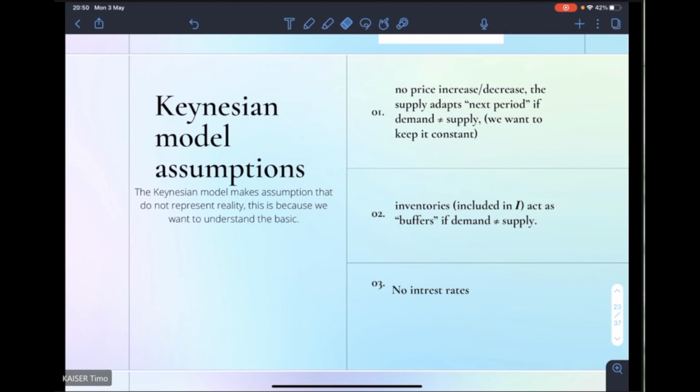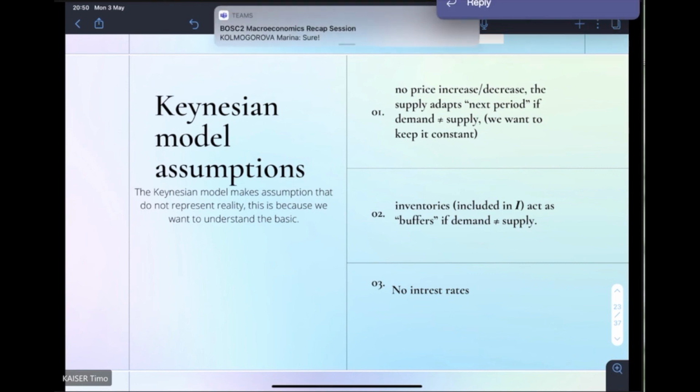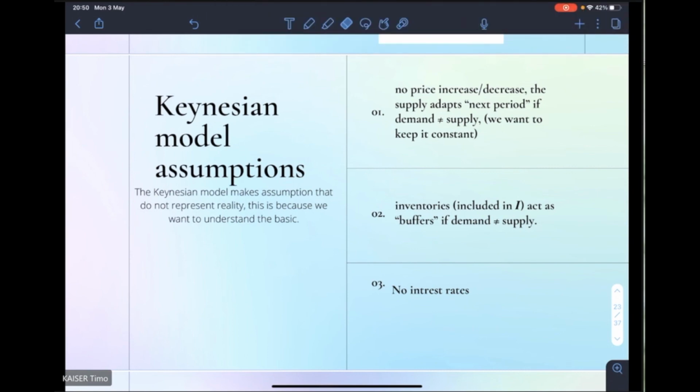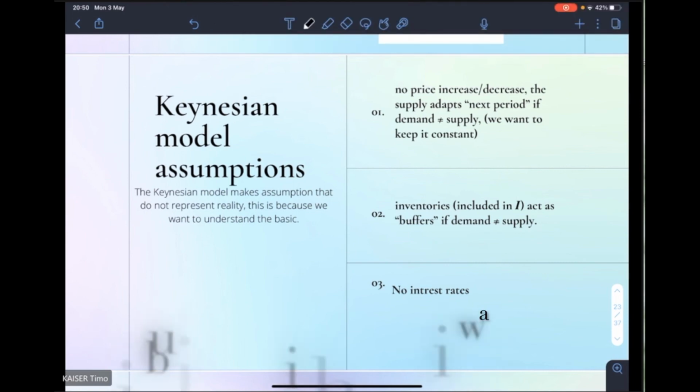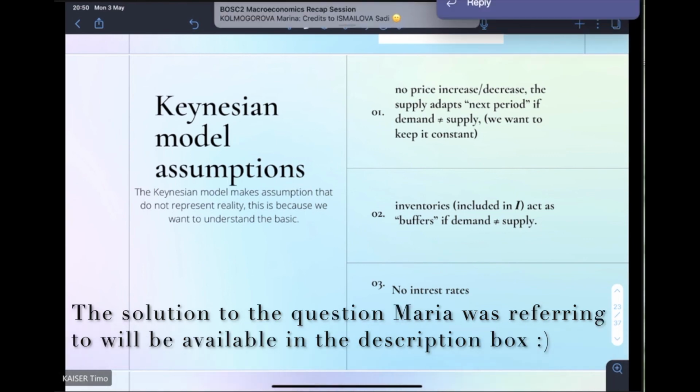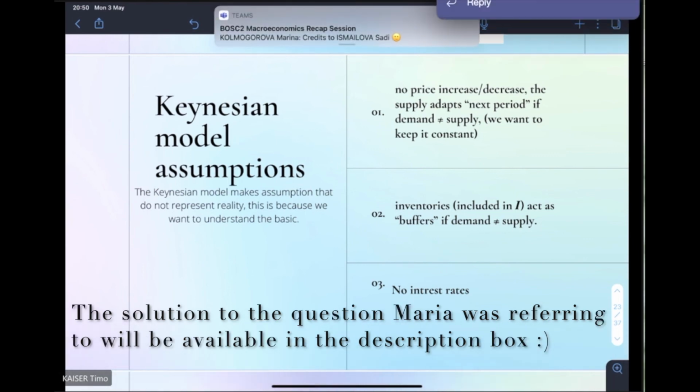Or maybe he will ask how reliable the Keynesian model is. How deep he will go into inventories, I wasn't allowed to ask him. So probably just theory questions about the assumptions, but I don't think this will be of great interest for him. I'm sorry, I can't answer this because I don't have the answer.